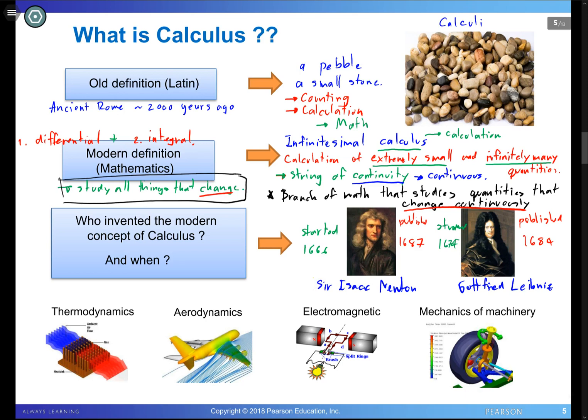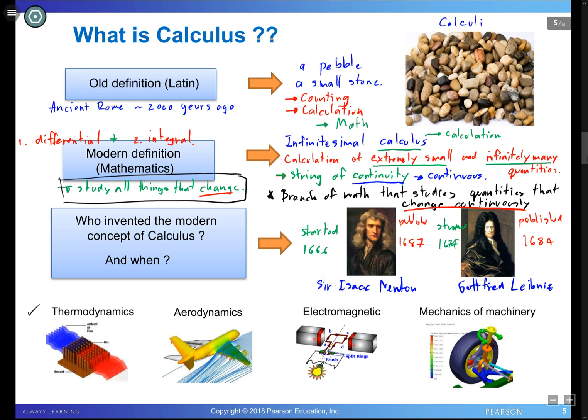Like if you want to understand thermodynamics, we have the change in energy leading to the transfer of heat from one medium to another, and in the end, we have the change in temperature. So in order to understand thermodynamics, you need calculus. That is just one example of why you need calculus.